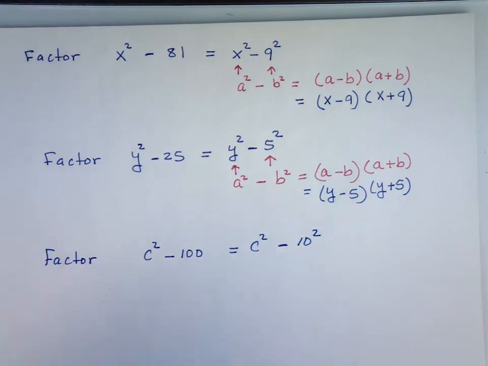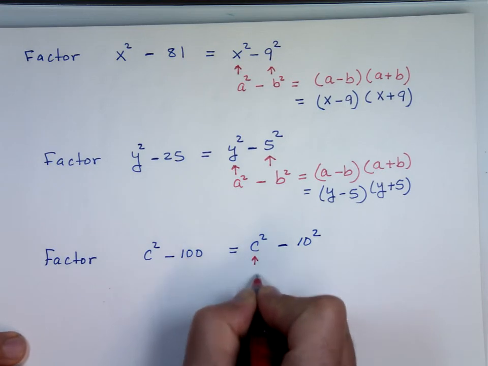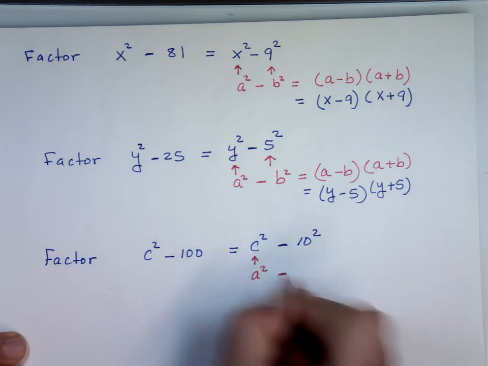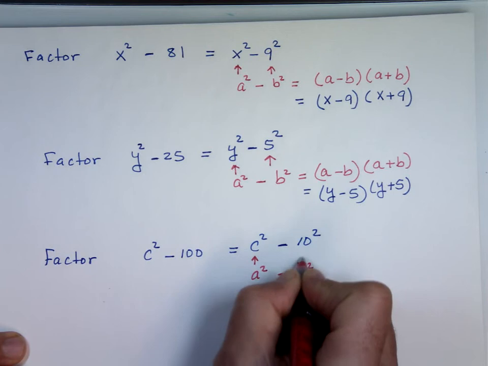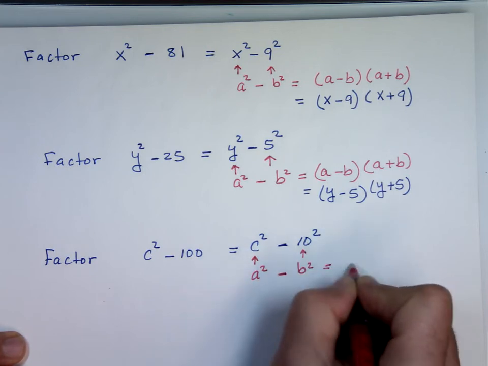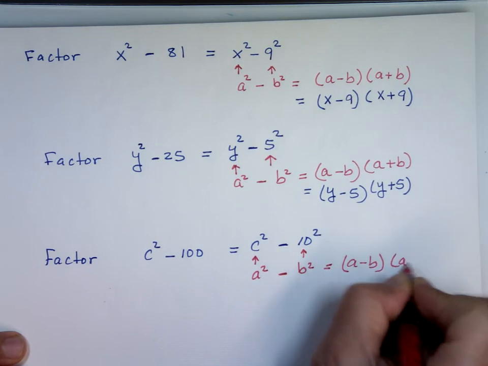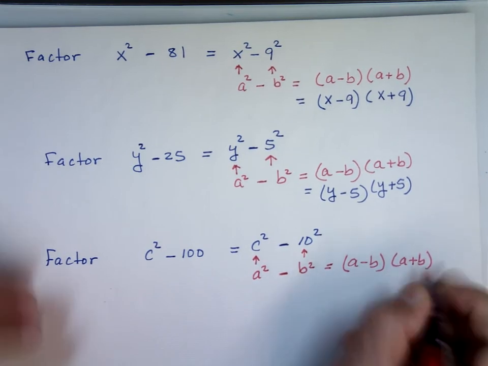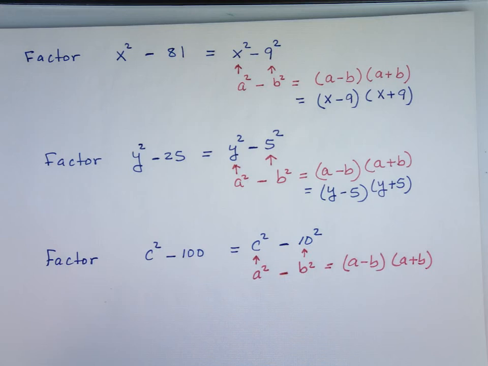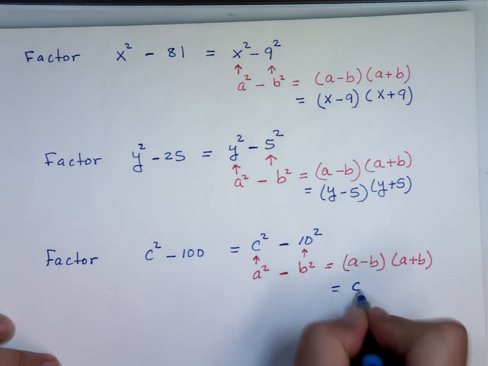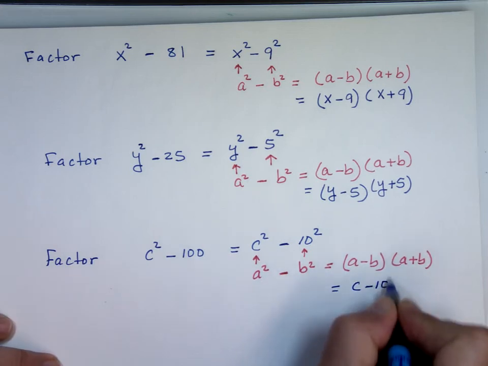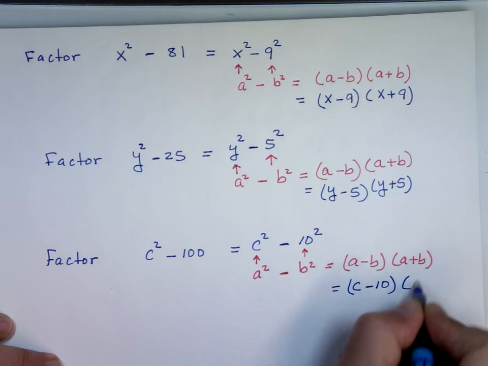Again, that's a squared minus b squared. A minus b, a plus b. A here is c, and b here is 10. C minus 10, c plus 10.